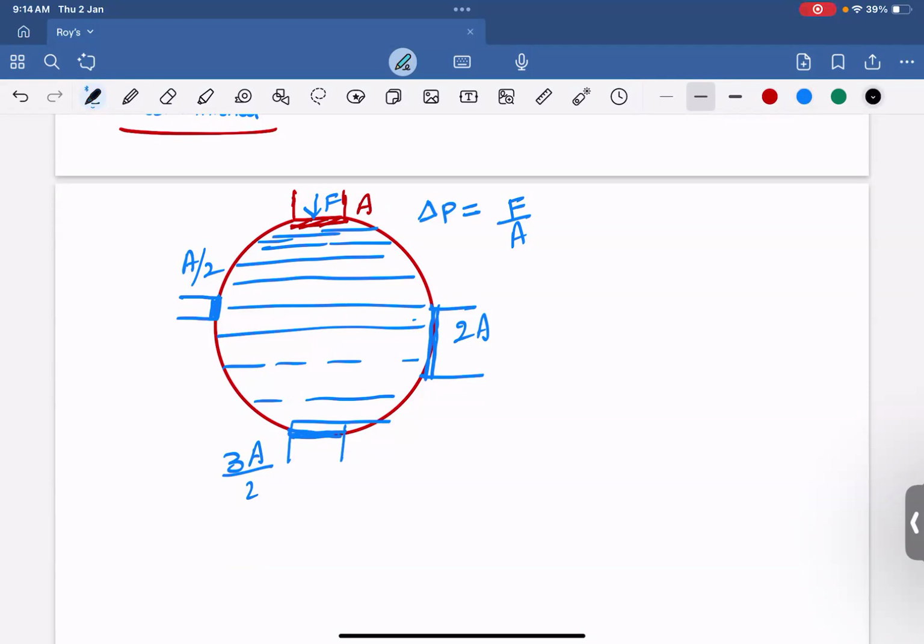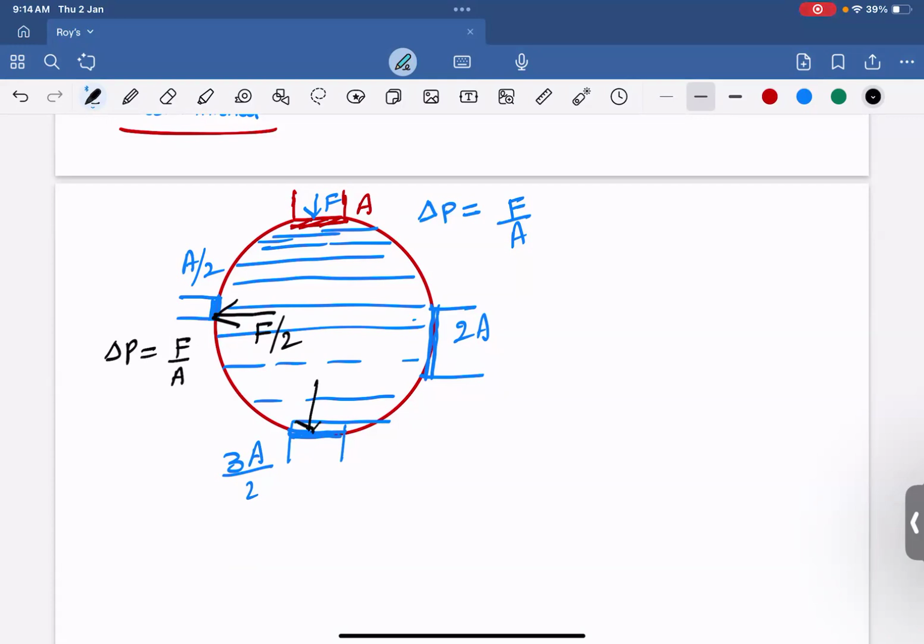So this change in pressure will be transmitted to all parts. That means here also the pressure should be how much? F by A. But here the area is A by 2. To make the pressure the same, here the liquid will apply how much force? It will apply F by 2. So if you divide, here also the change in pressure will be F by A. Here the area is 3A by 2.